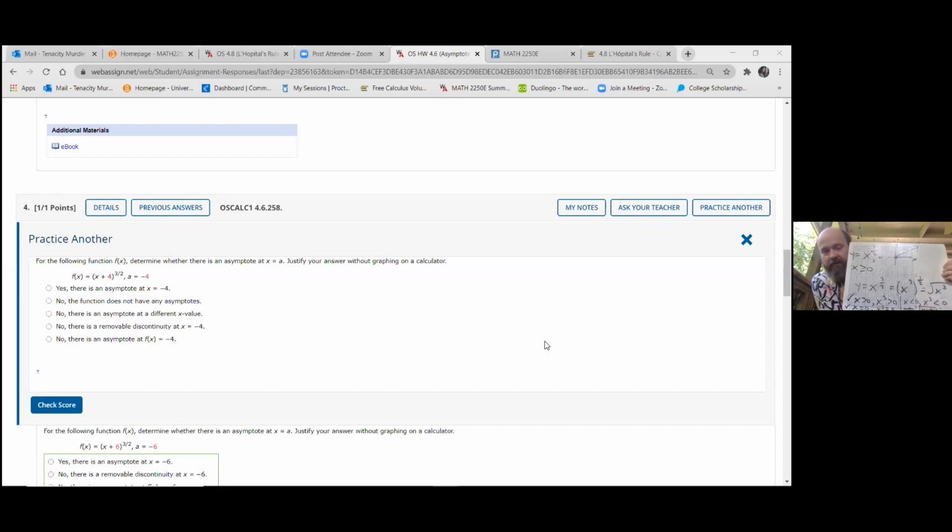Now, however, let's check out and see if there could be an asymptote at a different x value. What do you think? Looking at what I've just described, is there any aspect of the x to the 3/2 power function that should break for some number?